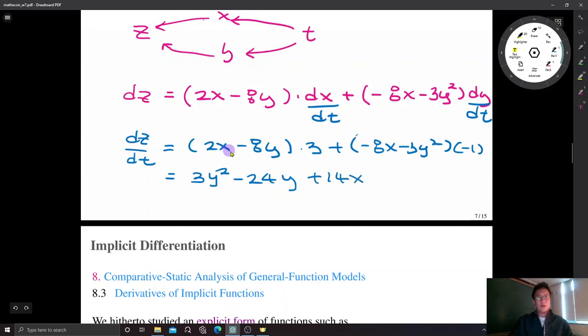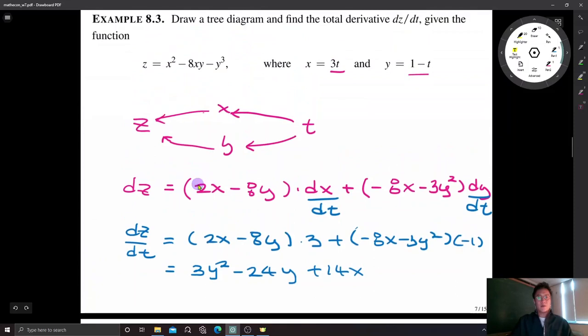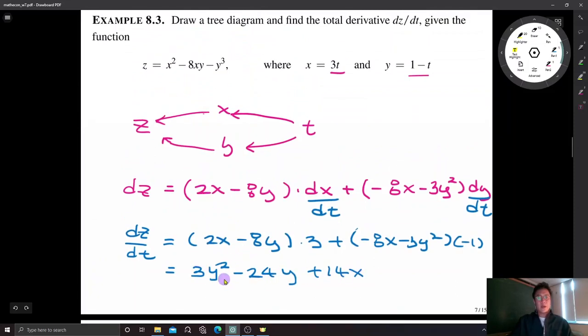Because now we're looking for dz over dt, so we regard z as a function of t. So in order to write the final answer, we have to transform into a function of t. So by substitution, 3y squared becomes 3 times (1 minus t) squared, negative 24y becomes negative 24 times (1 minus t), and 14x becomes 14 times 3t.